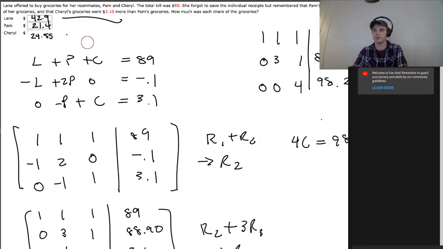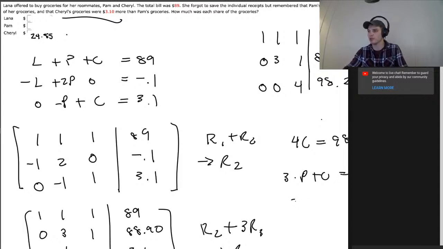Then, okay, so Cheryl we got, and then 3 times Pam plus Cheryl, that's coming from here, equals 88.9. So 3 times Pam equals 88.